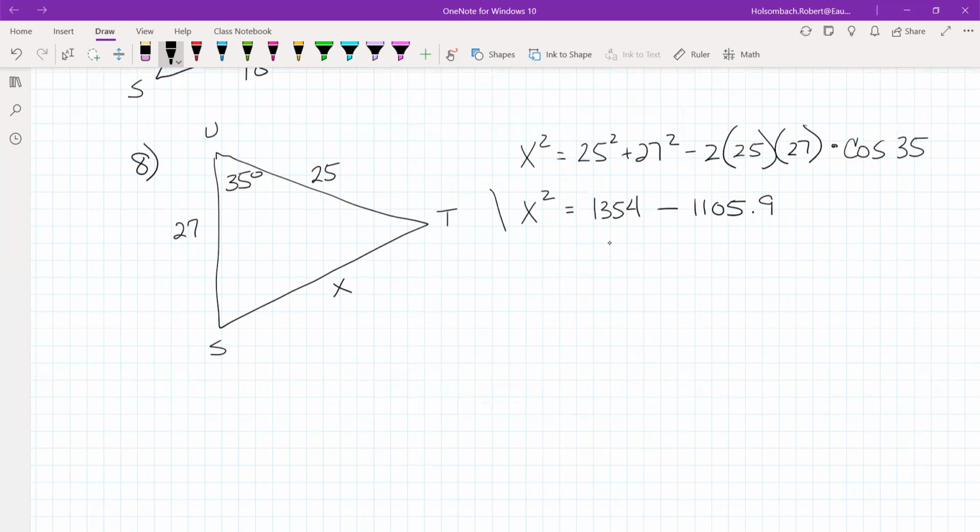We're going to find the square root of each side. So our x is equal to the square root of 1354 minus 1105.9, 248.1. And again, leave it on your screen and push the square root button. 15.8.